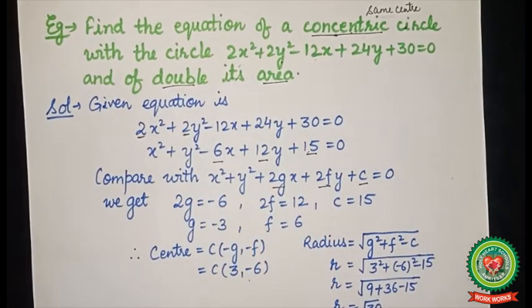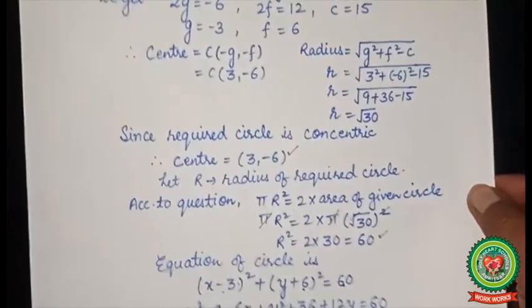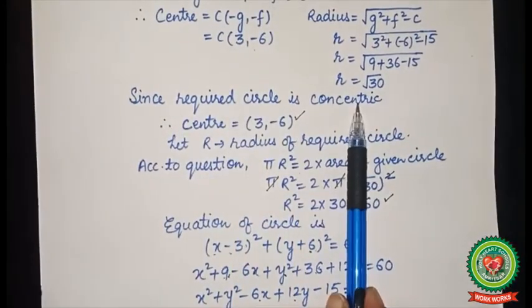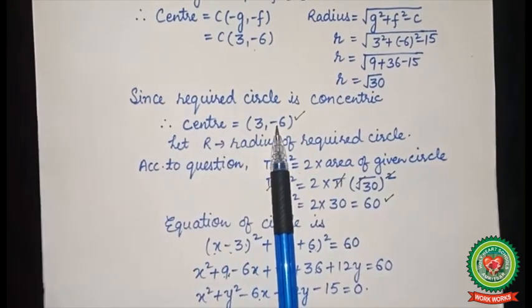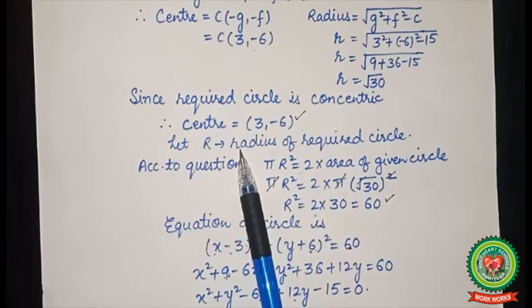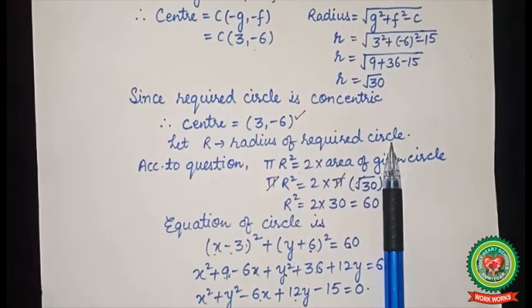For finding the radius of the required circle, we will apply the second condition. Since the required circle is concentric, the center is 3 comma minus 6, that is the same. Let capital R be the radius of the required circle.